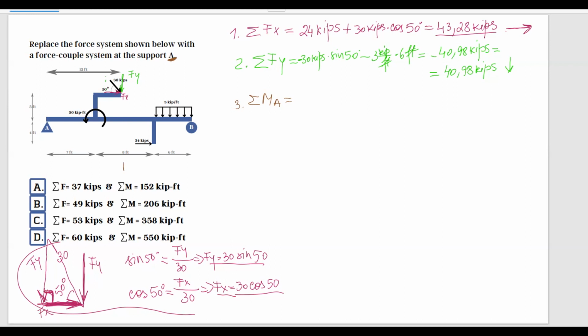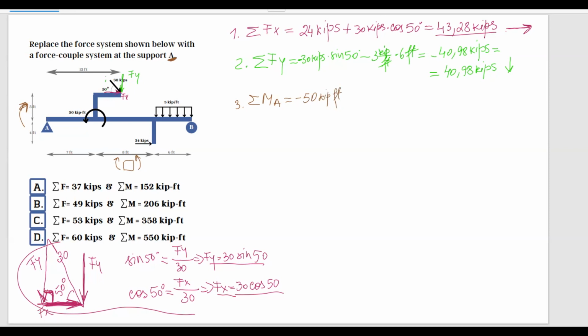Now, you know, when we have the sign conventions, the moment on the left side is positive when it's clockwise, and on the right side, it's positive when it's counterclockwise. In our case, we're going to have a positive moment clockwise. So at point A, we have, starting with this moment, minus 50 kip foot.